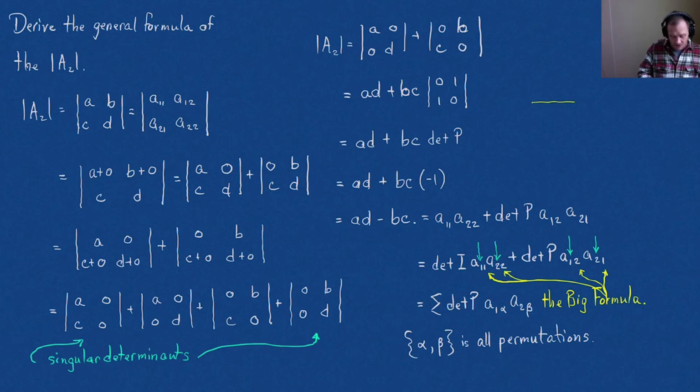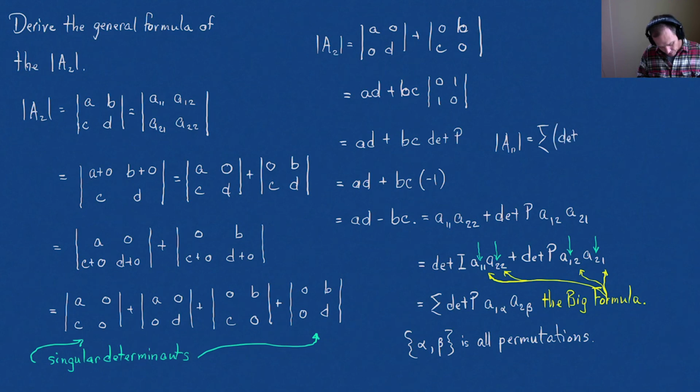Well, what if you wanted to extend that? Then the bigger formula, the n formula, is this. The determinant of A_n is the sum of the determinant of P times A1 alpha, A2 beta, times, and then you'd go all the way out to however many of these you have, A_n omega.